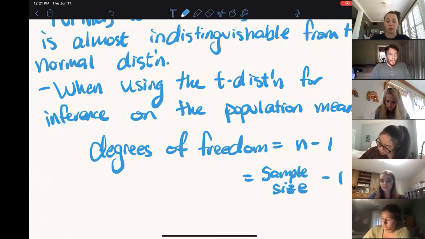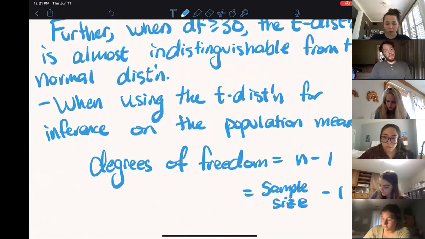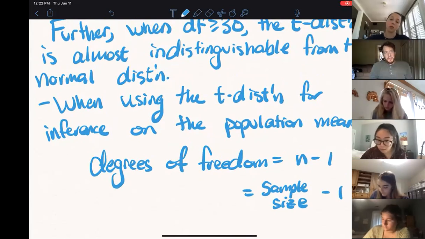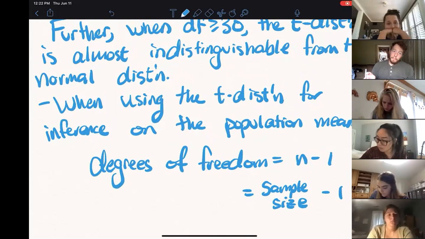So this degrees of freedom parameter that I'm throwing out as the new input for this new distribution, for every case in which we are going to use it, it's just going to be whatever your sample size is minus 1. So you should always know what the degrees of freedom should be.